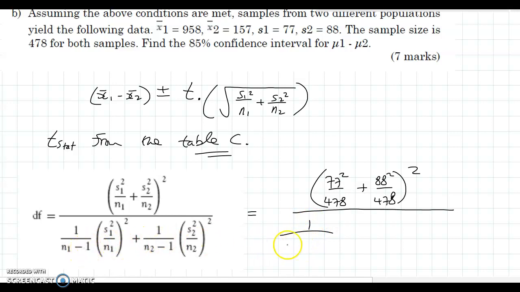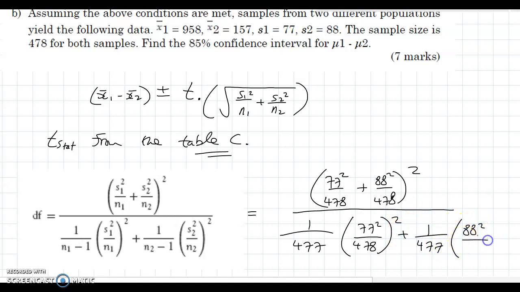Well, n1 minus 1 is just going to be 477 times 77 squared over 478, square all that, plus 1 over 477 times s2 squared, 88 squared over n2, which is 478.